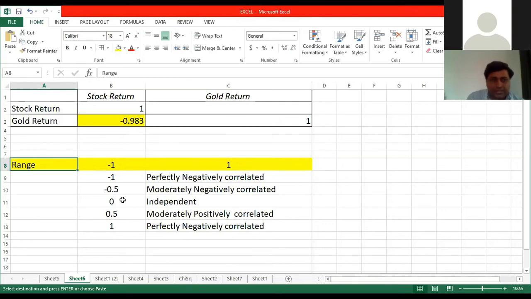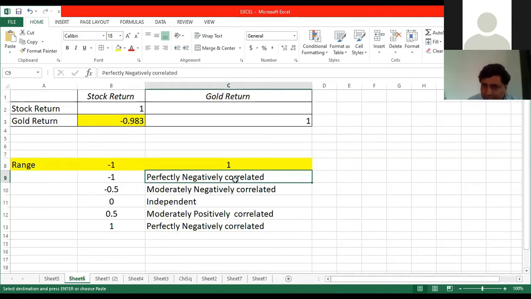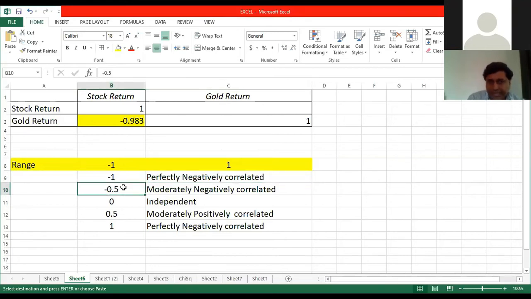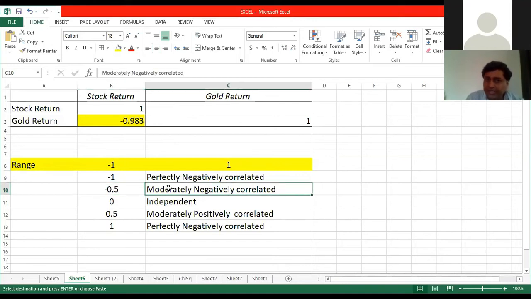Now, what does -1 mean? Minus 1 simply says that these two variables are perfectly negatively correlated. It can take any value between -1 and +1, so it can be 0.6, also -0.7, also -0.8. If it is -0.5, we'll call it moderately negatively correlated.